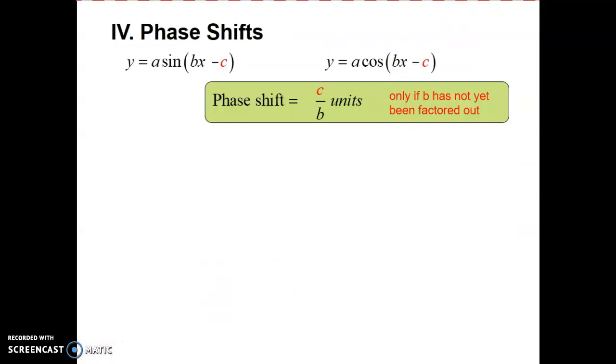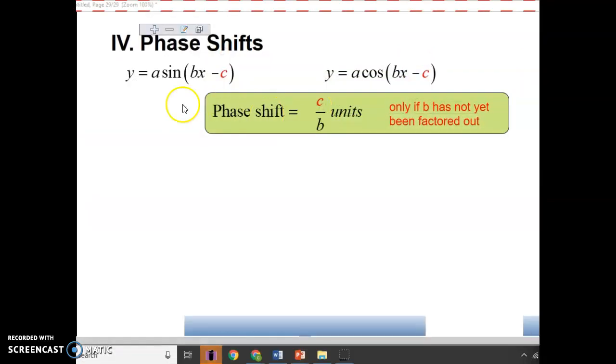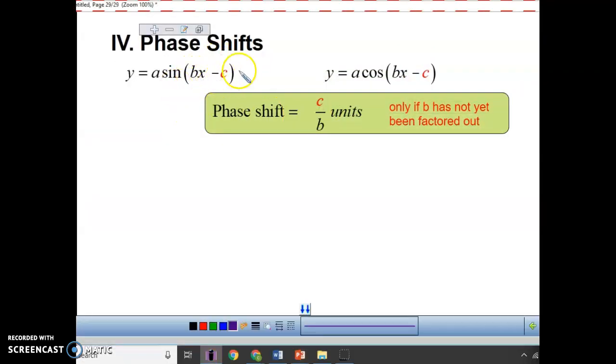So now for phase shift, this is going to be your horizontal translations left or right. So in this case, your phase shift would be the C over B if you don't go ahead and factor your B out. If you do go ahead and factor your B out, however, like we were taught to factor out the negative, it's the same idea.